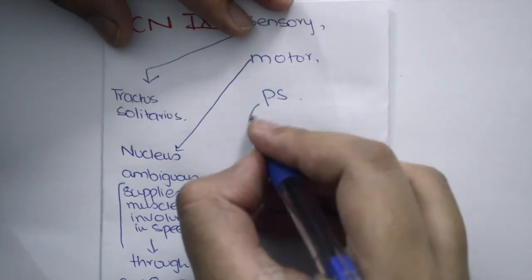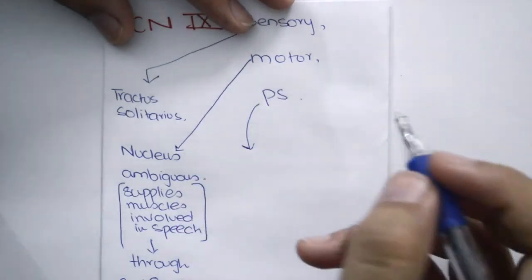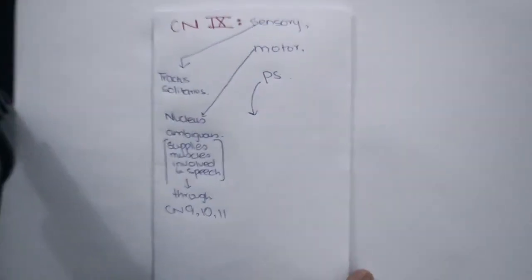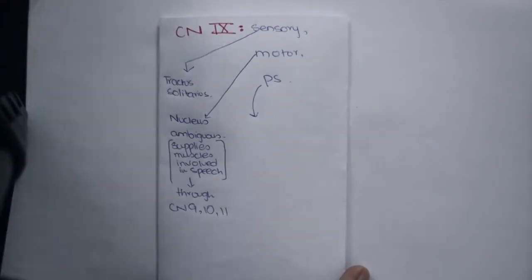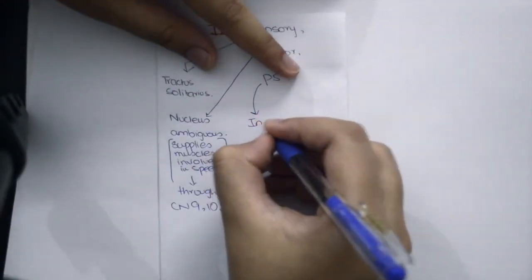Now the parasympathetic nucleus is the inferior salivatory nucleus, as we have discussed earlier.